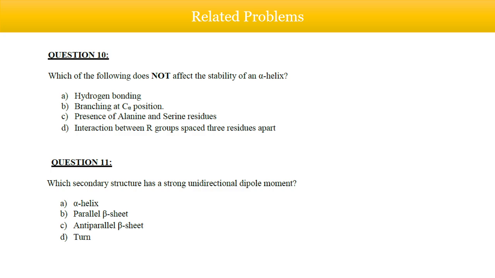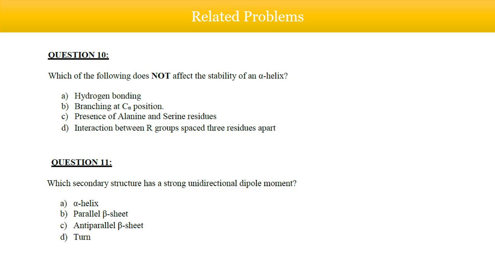Which secondary structure has a strong unidirectional dipole moment? Alpha helix, beta strand, parallel beta strand, antiparallel beta strand, or a turn? Alpha helix is the correct answer. Why?